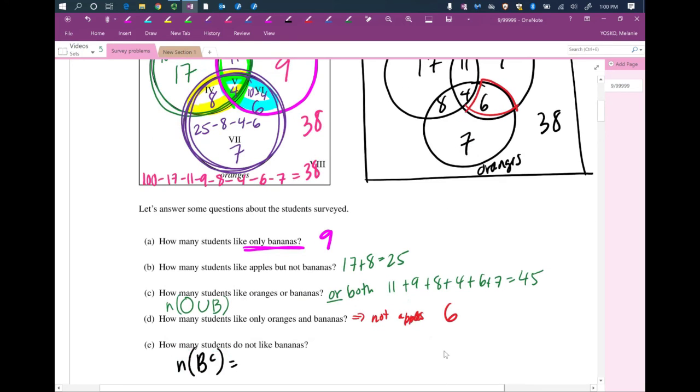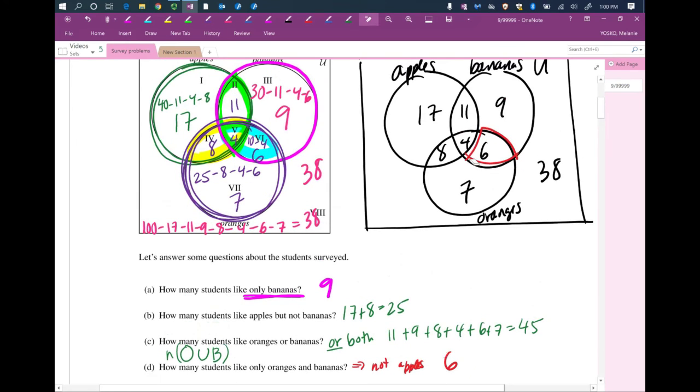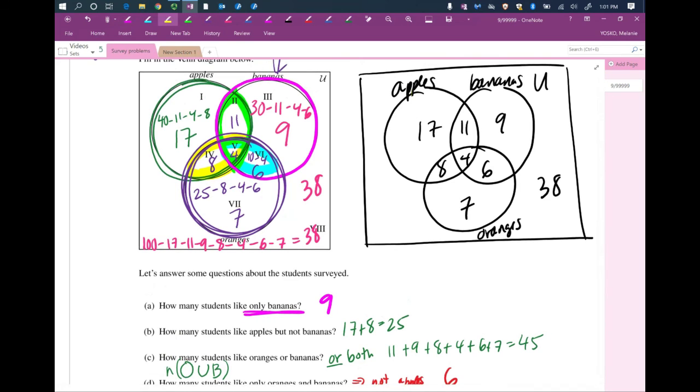Okay, last question. How many students do not like bananas? And I wrote number of elements in banana complement. Okay, because that's the opposite of liking bananas, because you don't like bananas. So we're looking at the banana circle right here. We're saying, okay, everything but that. So I'm going to highlight it for you. Sometimes we practice shading our Venn diagrams, and this would be banana complement.